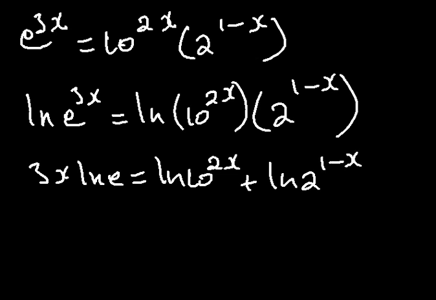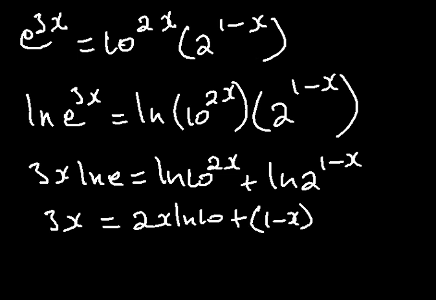So this is the same as 3x ln a is equal to 2x ln 10 plus 1 minus x times ln 2. Then we'll expand this and distribute ln 2, then you'll be able to get the value of x in that case.